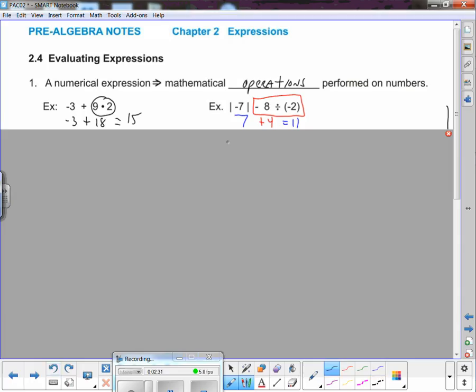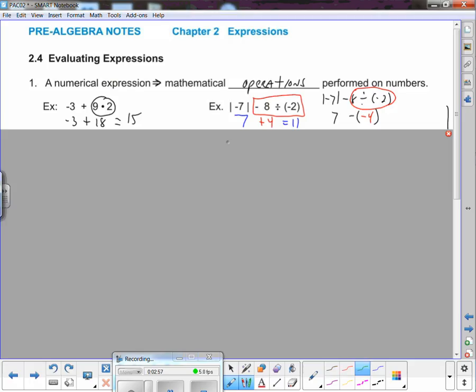Let me show you the same problem with another way of thinking of it. So let's suppose you only think of an 8 divided by a -2. A +8, if you're thinking that way, divided by a -2 is a -4, and here's where you'll be. 7 minus a -4.